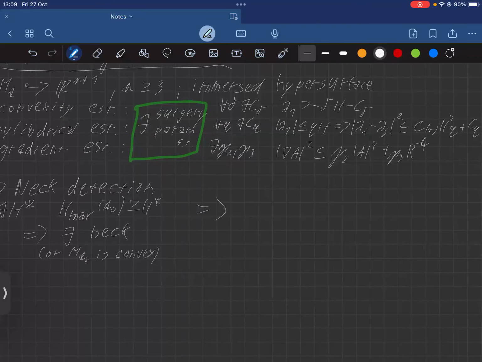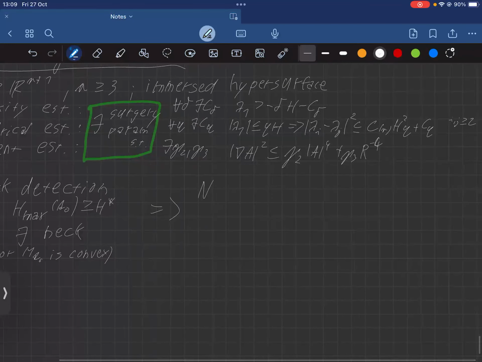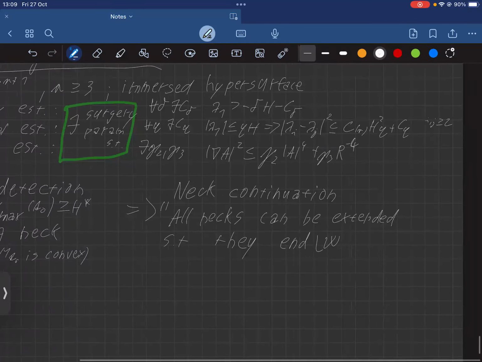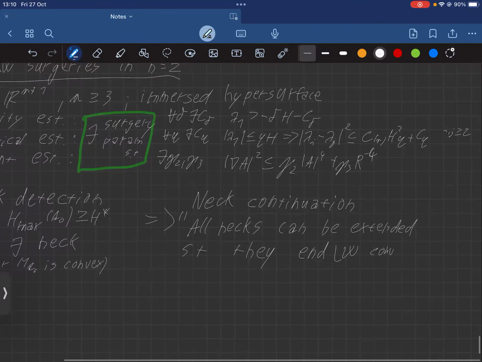Okay, and given the neck detection lemma, we can prove something called the neck continuation lemma, or maybe theorem, which again, very roughly, I'm going to put it in quotation marks, says that all necks can be extended such that they end with a convex cap.